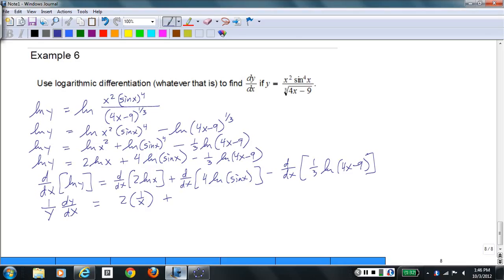A little bit of chain rule. d dx of 4 natural log of sine x is going to be 4 times 1 over sine x times the derivative of sine x, cosine x, minus 1/3 times 1 over 4x minus 9 times the derivative of 4x minus 9, 4.